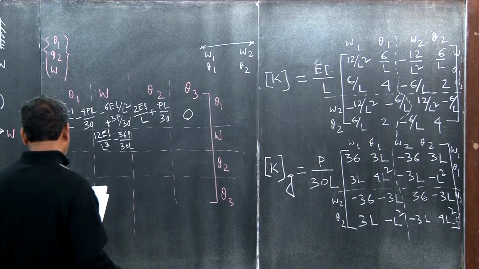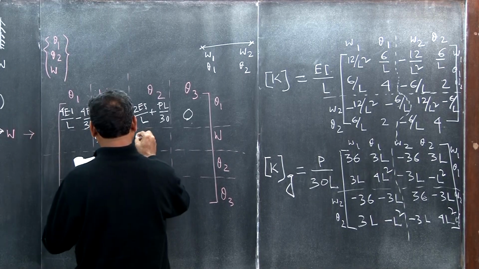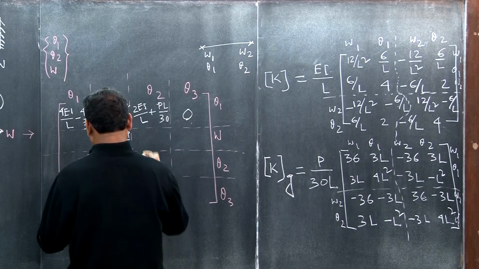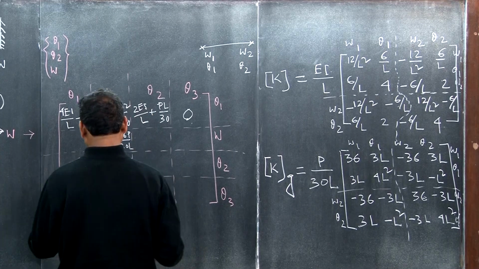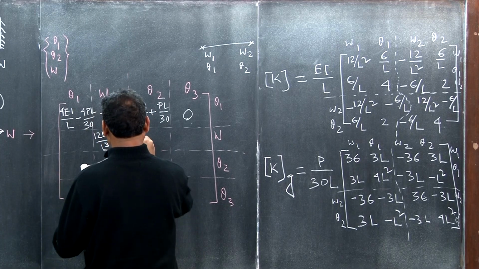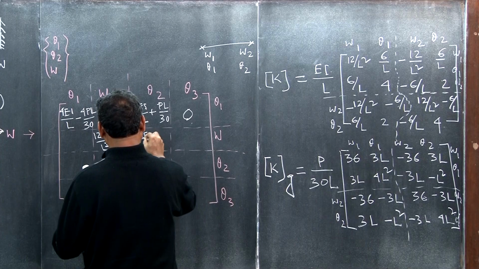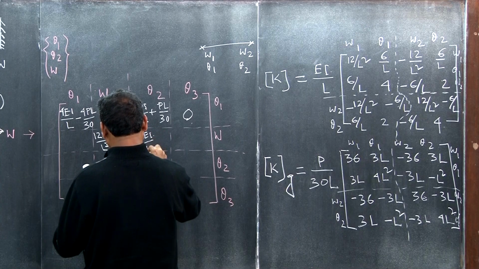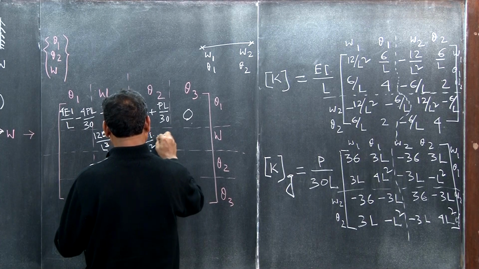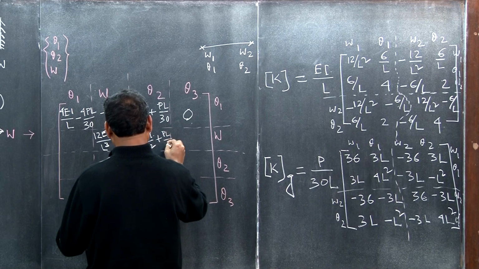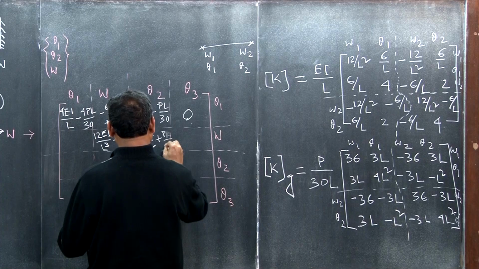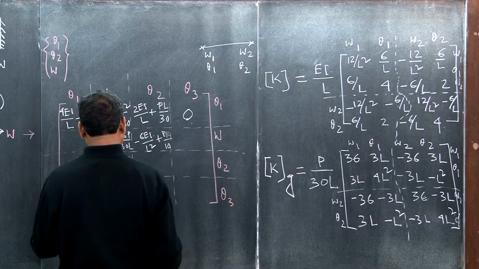So when I am writing here, please check yourself that minus 6EI by L square plus P by 10. Okay, L will cancel out.